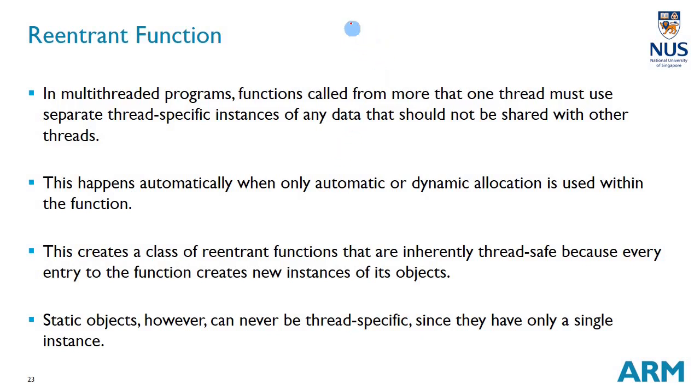For example, if I have a function called increment A, and it is called by task 3 and also by task 4, this is a common function called by multiple tasks. I need to make sure that whatever data is used by this function is specific to that instance of the task that calls it. This is fine when you have automatic or dynamic allocation of memory.